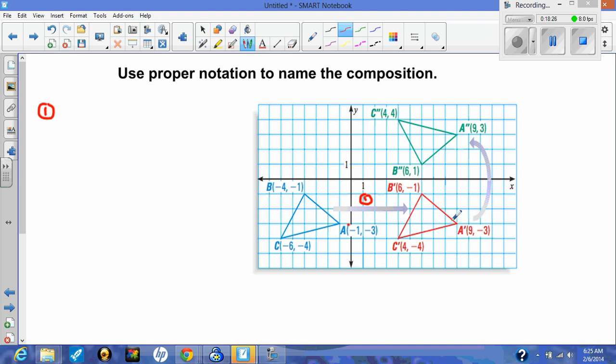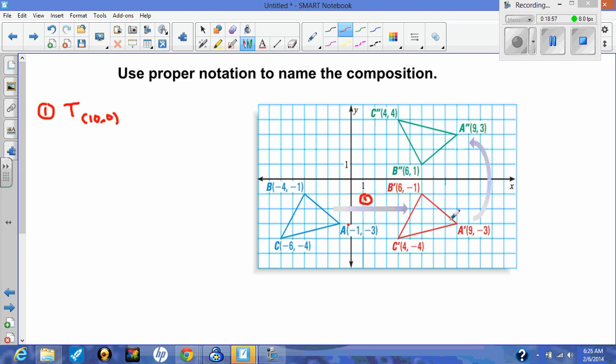Count those again. 1, 2, 3, 4, 5, 6, 7, 8, 9, 10. Okay, it looks like it's been a translation, so we'll use a T. And x has been plus 10. Now if we shift it up and down, doesn't look like it. So it looks like 10, 0. Okay, there's our translation. We slid this thing over 10.